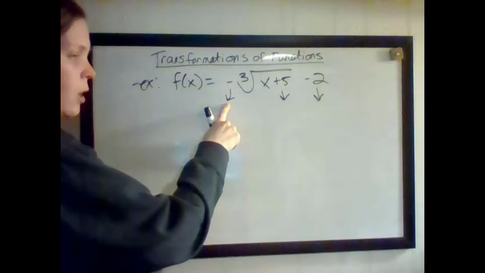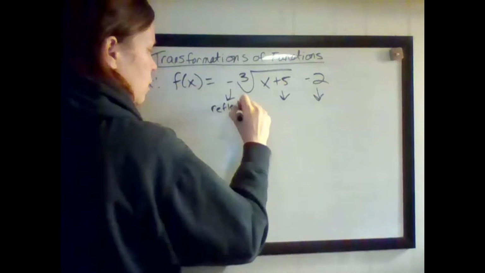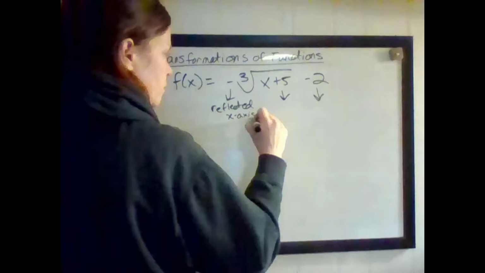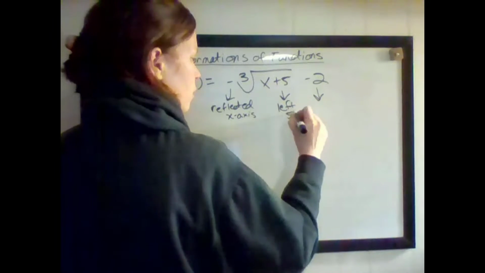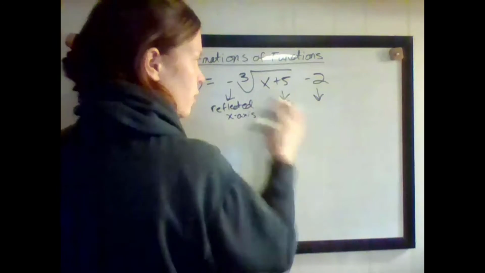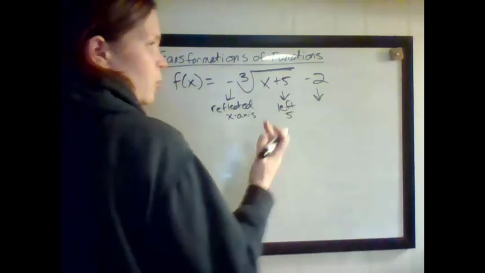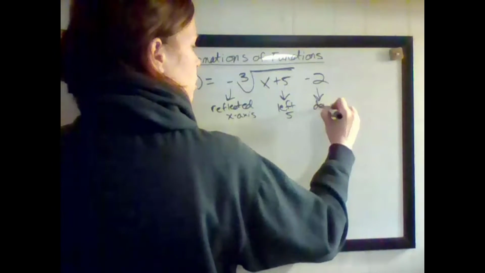The negative in front means it's going to be reflected over the x-axis. The plus 5 means I'm going to go left 5, because remember, it's right or left if it's on the inside. Notice this is on the inside of the cube root. You would think it's to the right, but actually it's to the left. And then the minus 2 is down 2.